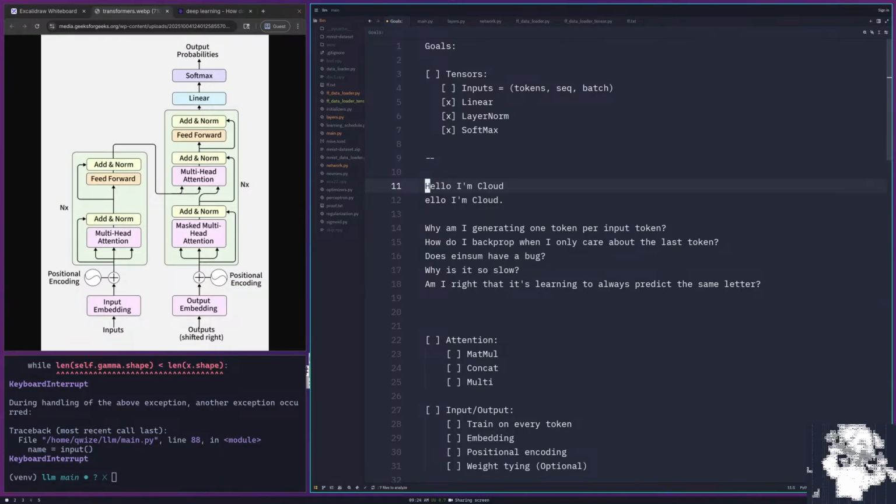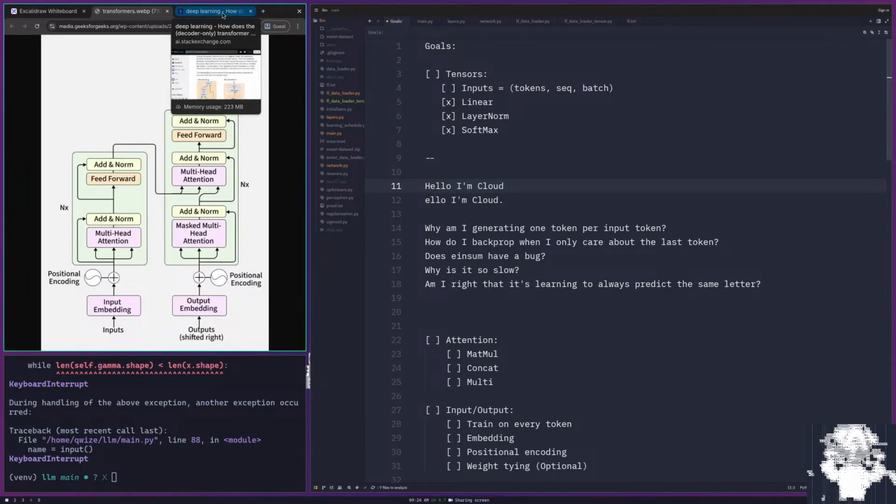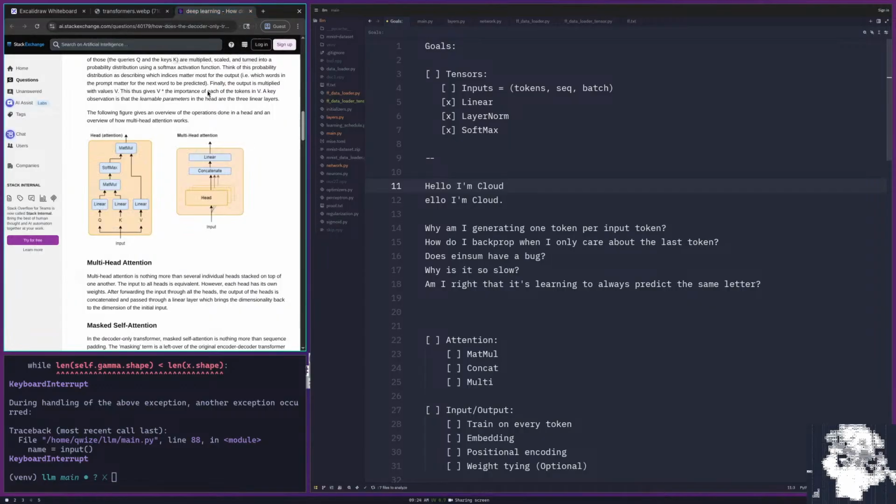Now that I'm saying that, I'm wondering if I've been missing an important detail this whole time, which is the masked part of the masked multi-headed attention. So the mask is supposed to prevent you from looking forwards. And I think I was just missing that this whole time, because here there's no mask, and this is what I was thinking of implementing.